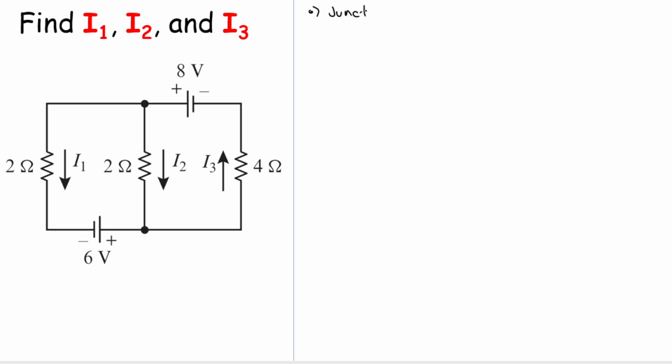We need to do the junction rule, and it says that the sum of the current that goes into a junction is equal to the sum of the current that goes out from a junction. But we have two junctions here, right? So we will have junction A or junction B, and we can use one of them.